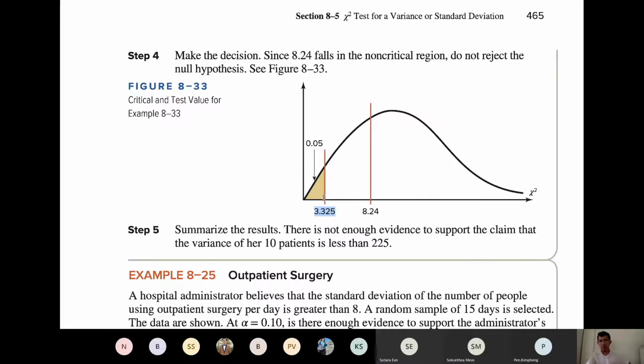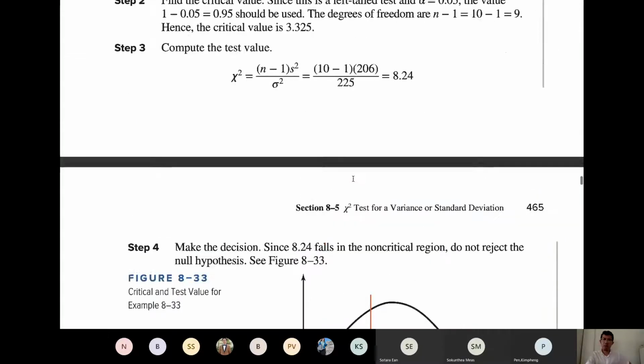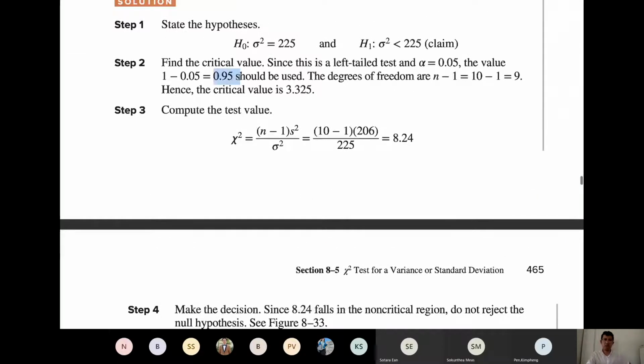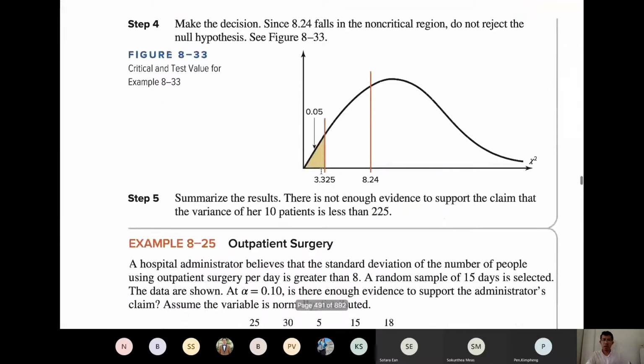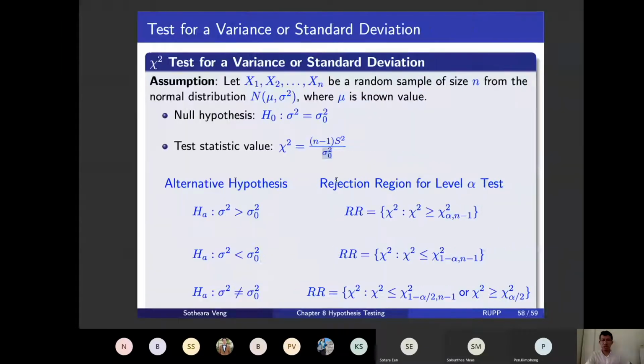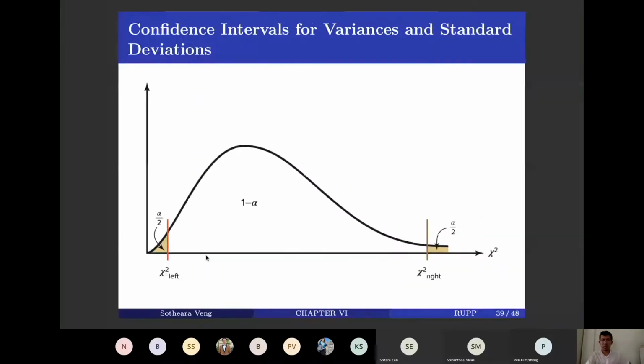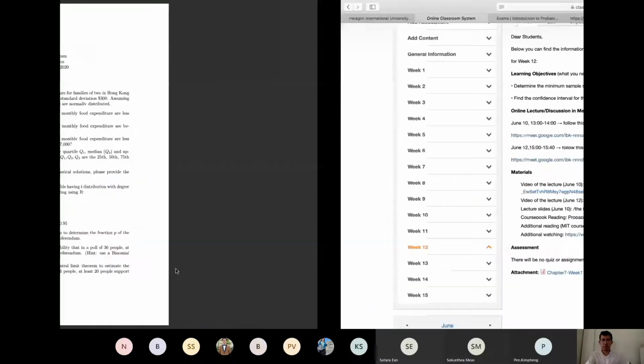But the chi-square table just gives you the area to the right. So if you want this area to be 0.05, the area to the right must be 0.95, right? So that's why we have to compute this 0.95 and specify the degree of freedom. You can come up with this critical value. It means get this value, right?